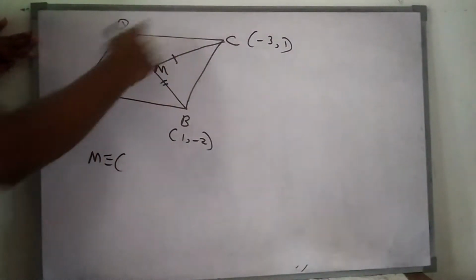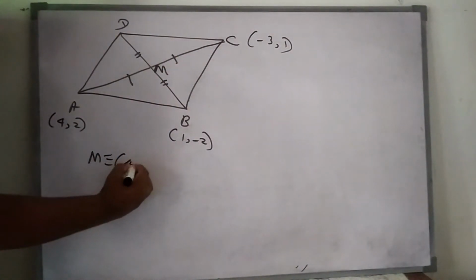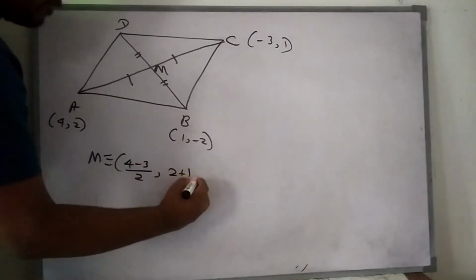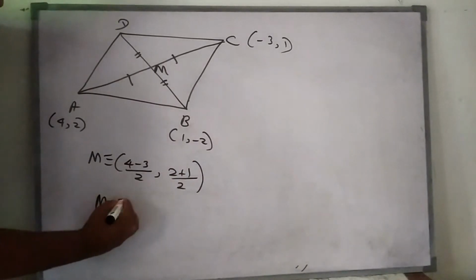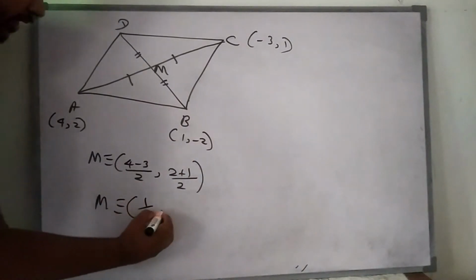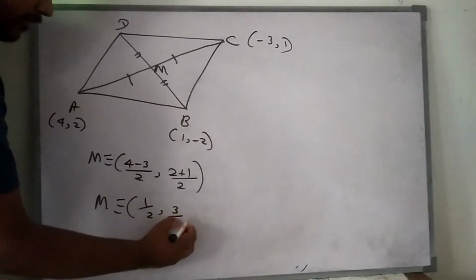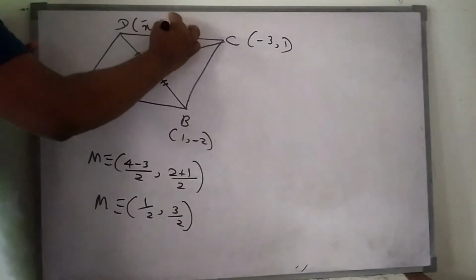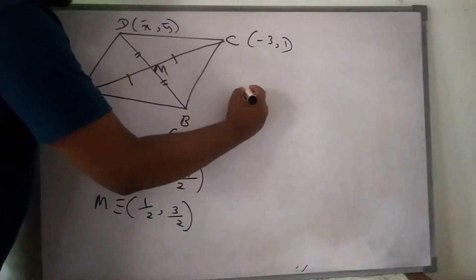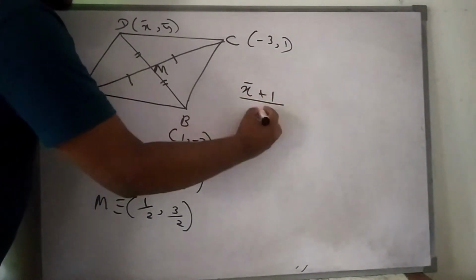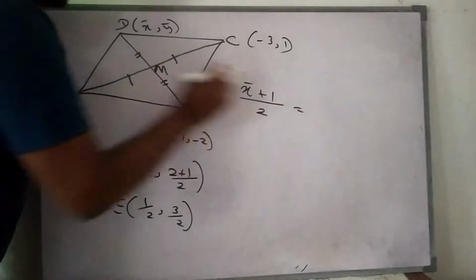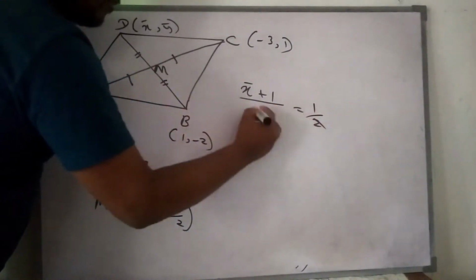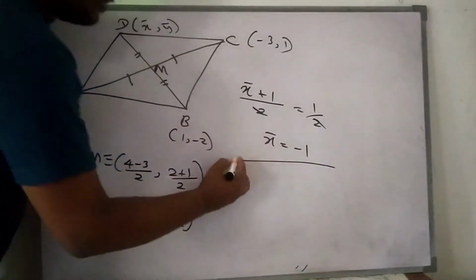M will be (4 minus 3) divided by 2, (2 plus 1) divided by 2. So it's half and 3 by 2, right? Then I assume D as (x bar, y bar), and again (x bar plus 1) divided by 2 is equal to the M coordinate, which is half, so x bar is minus 1.